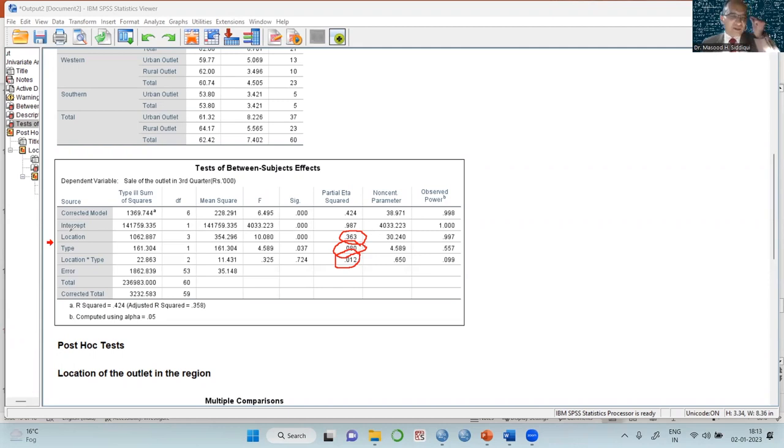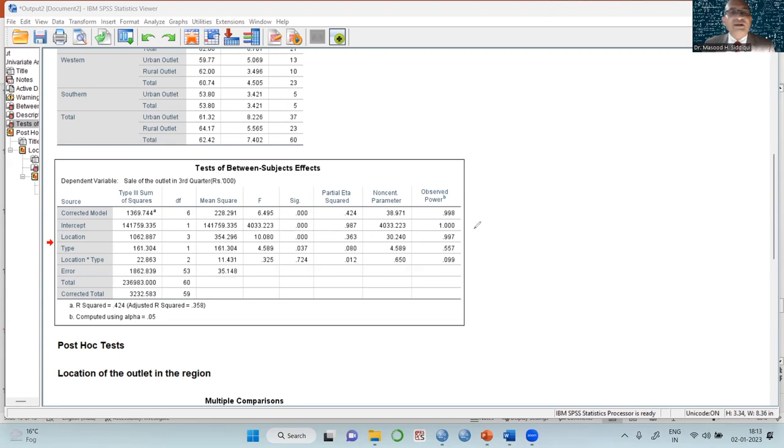So as per the two main effects, location has a higher amount of contribution to the explained variation, the type has a relatively low one, and the interaction has a much lower contribution to the explained variation. Right? So these are the results as per the p-value also.